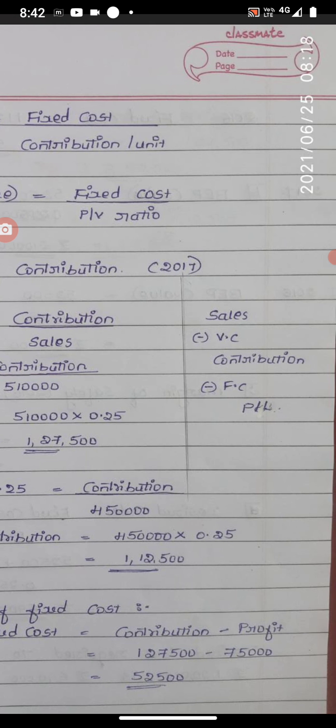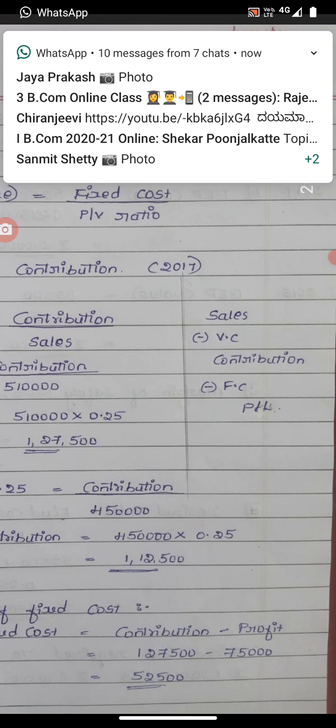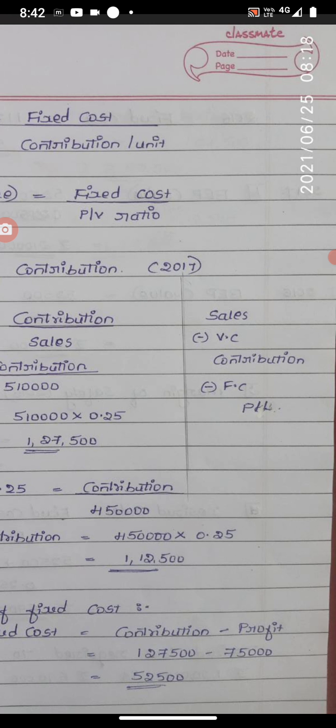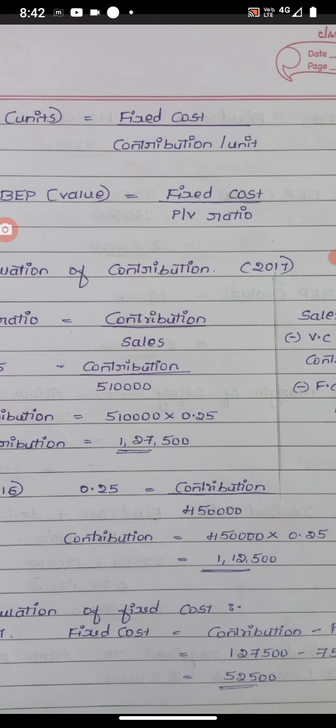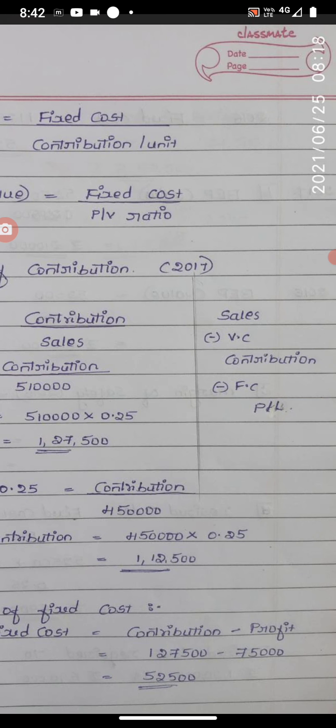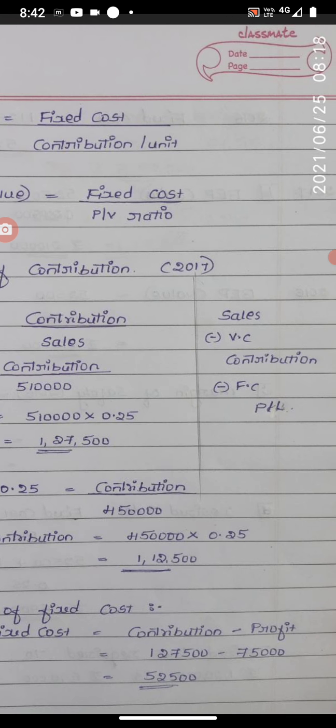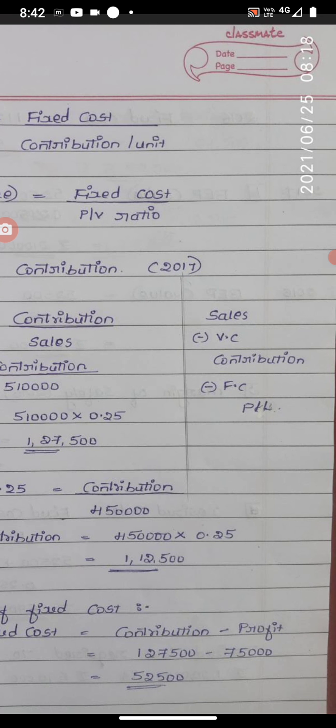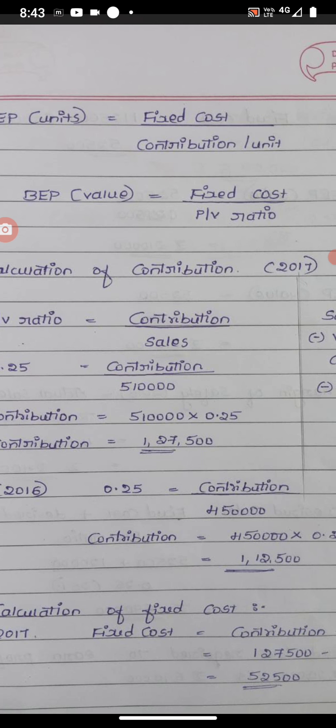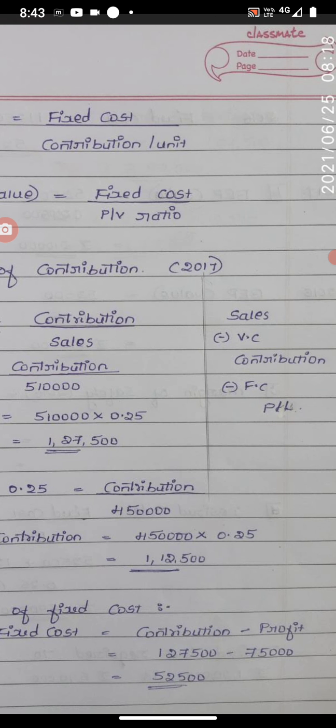Now you see here you can calculate fixed cost. How do you calculate fixed cost? See, sales minus variable cost is contribution. Contribution minus fixed cost is profit or loss. Now you have contribution, you have profit, correct? So taking these two into account, you can calculate fixed cost: contribution minus profit.